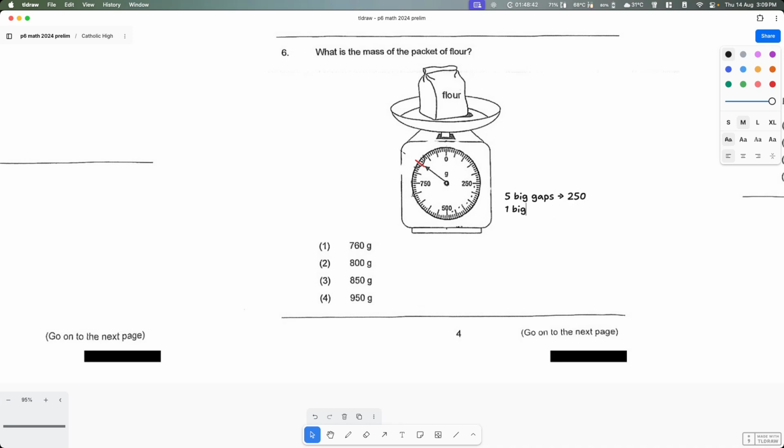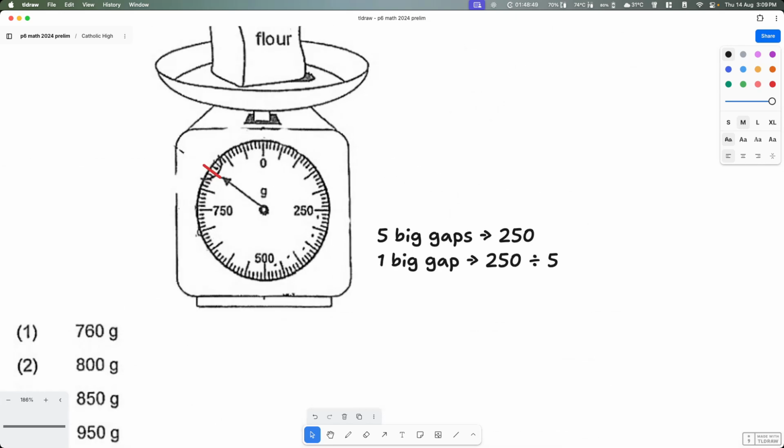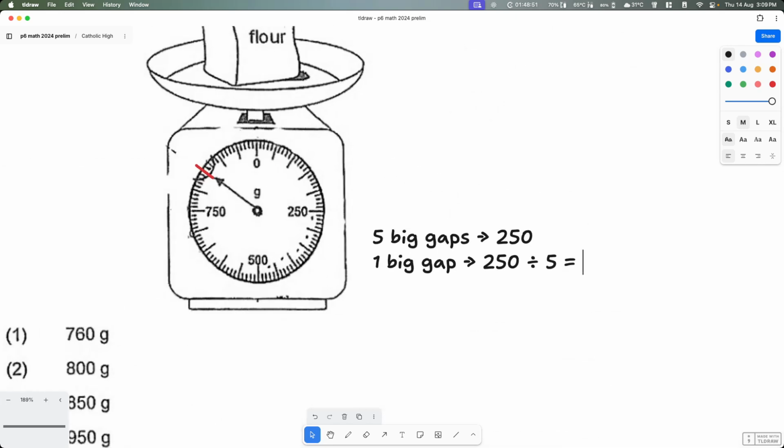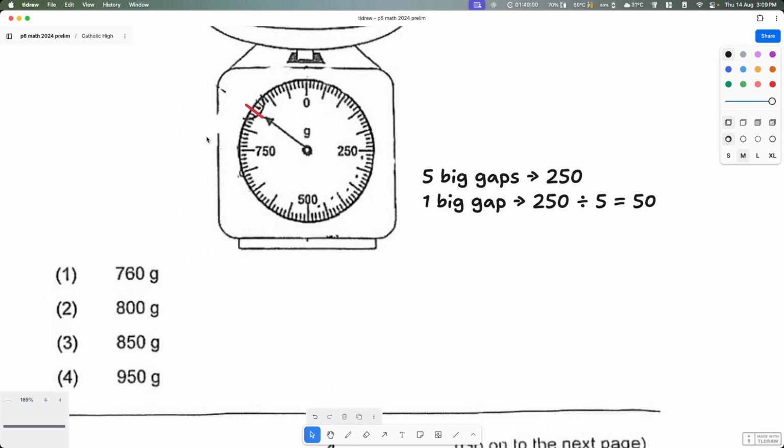So one big gap is equal to 250 divided by 5, which will give us 50. So 750, 800, 850.